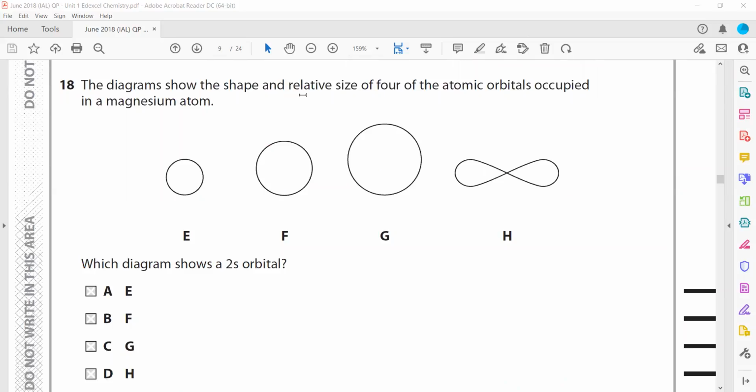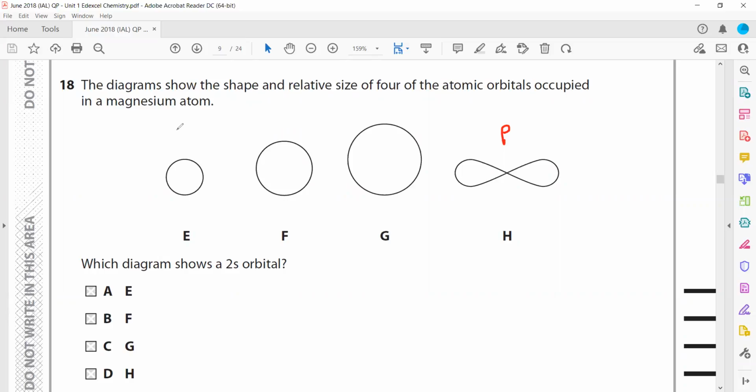The diagram shows the shape and the relative size of 4 atomic orbitals in magnesium. Which diagram represents 2s? First thing, different shapes are there. So this is p, because dumbbell. So it cannot be an answer. We are left with either E, F, or G. But they are different in size. S orbitals are spherical.